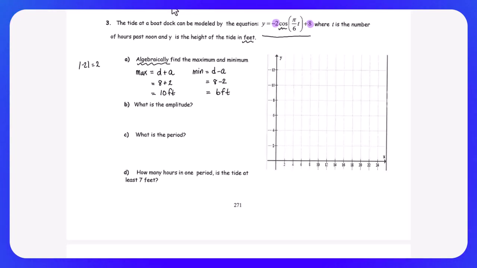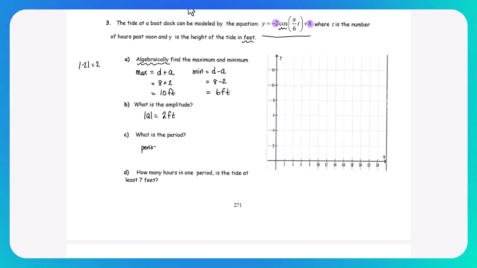Now, what is the amplitude? Well, we already figured that out. The amplitude is the absolute value of A, which is 2, and it's in feet as well. Okay, let's look at B. What is the period? Well, the period is 2 pi over the B value. And the B value in this case is pi over 6. Now, we're not worried about that because we know when things look like fractions with period, we're going to kiss and flip.